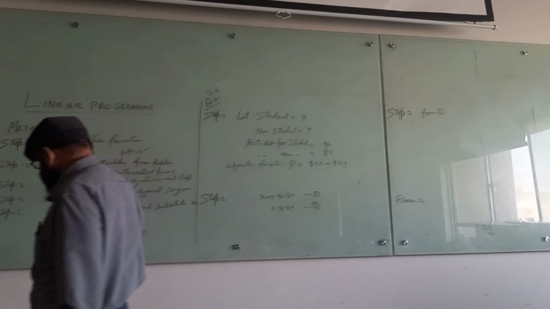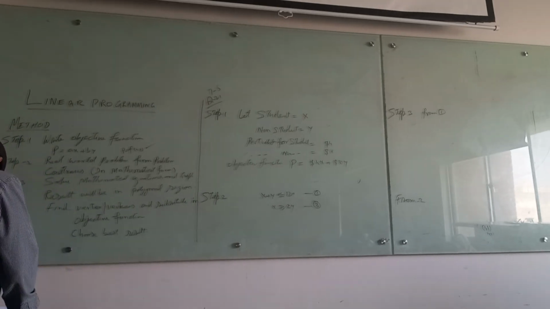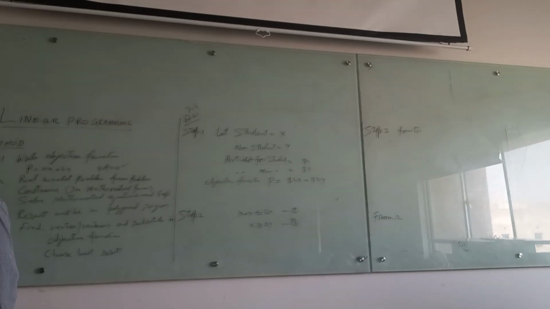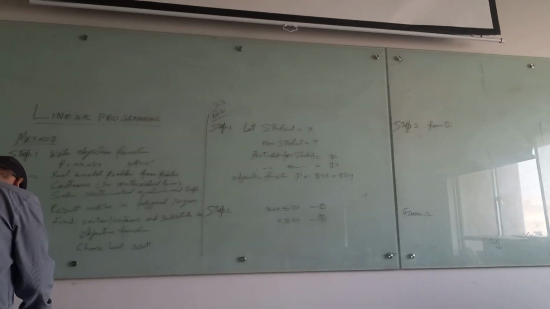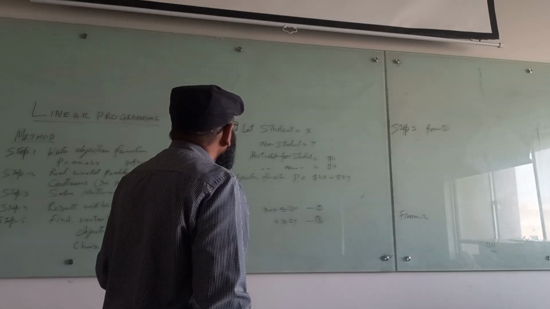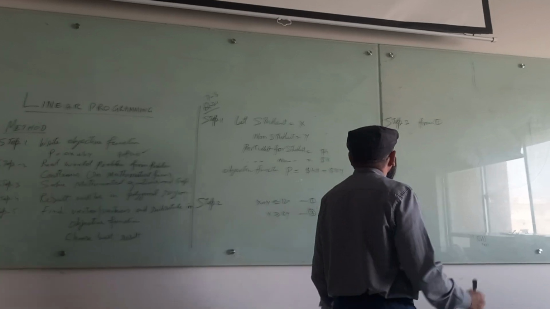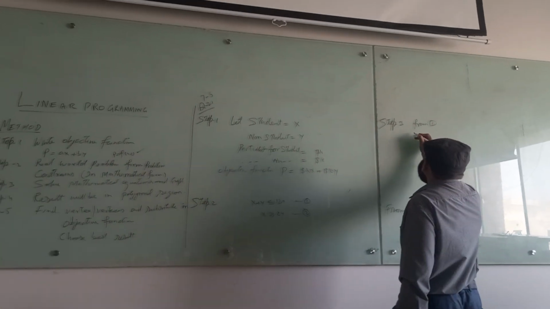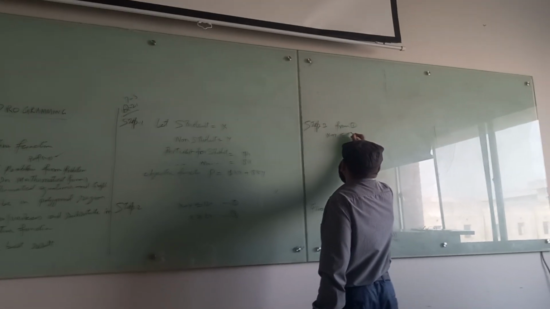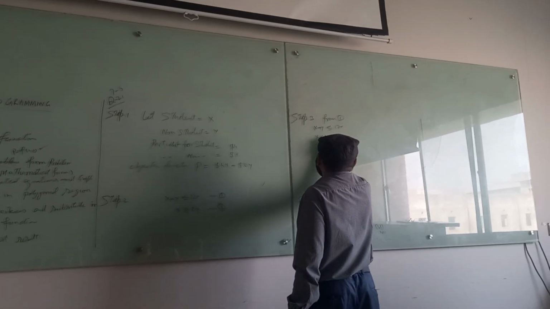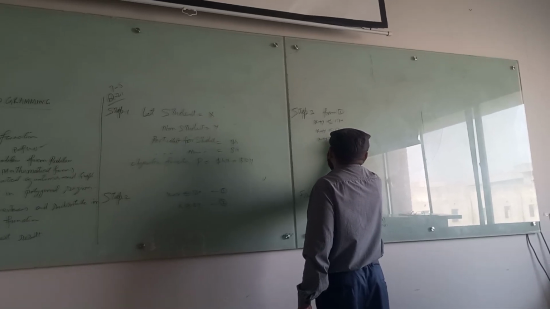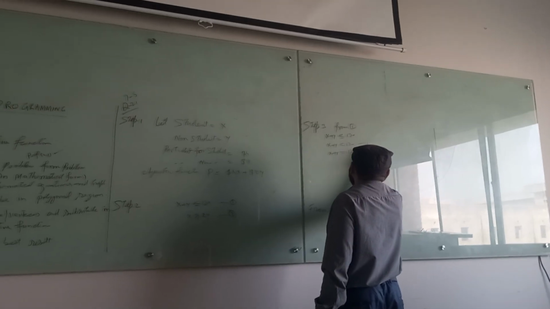Now we have two inequalities that we have to solve. In step 3, from 1, x plus y less than or equal to 120, split in two parts, less than 120 and equal to 120, say 1 is 2.